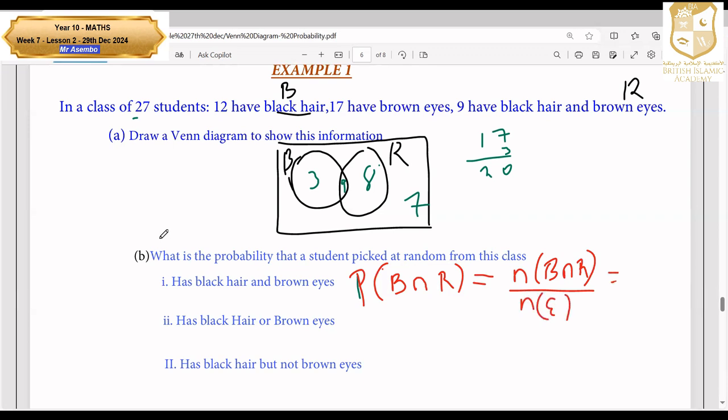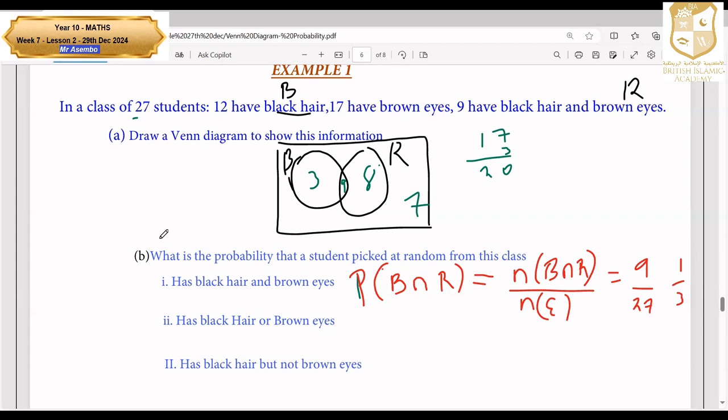B intersection R is 9, divided by the universal set, which is 27. Now this fraction simplifies to 1 out of 3. Okay, now let's go to the next one.